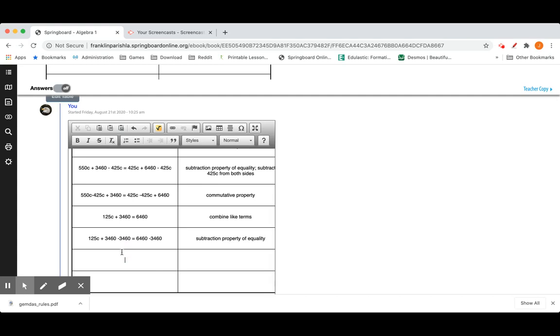So that will leave us 125C on the left, and that will be equal to 6460 minus 3460, which would just be 3,000.